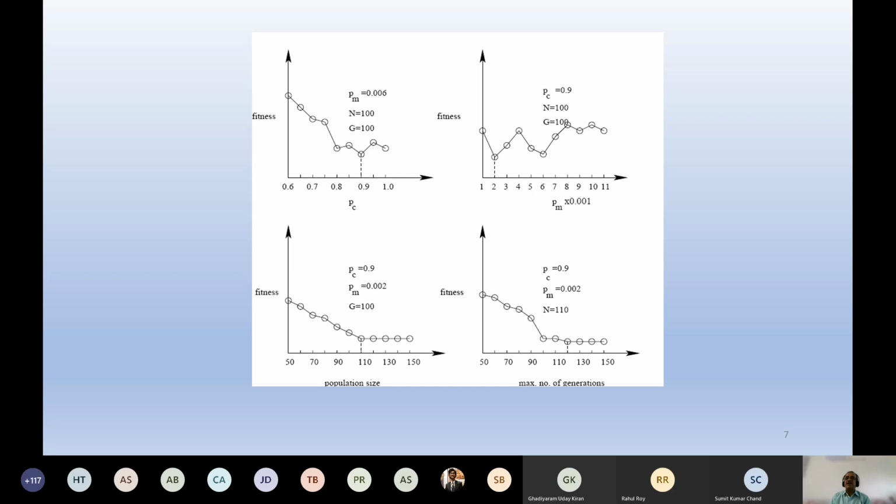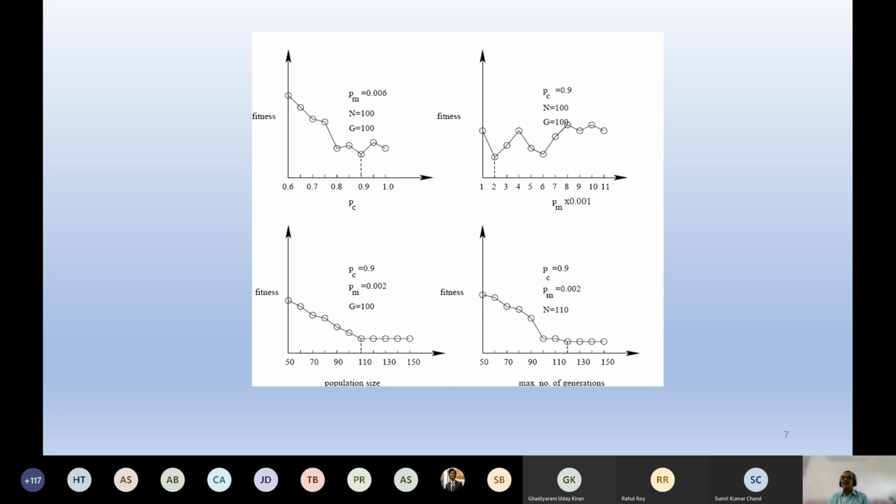Okay, if there is no diversification, there will be local minima, there could be premature convergence. I will be declaring I am the best in the field, but truly speaking, I am not the best. Are you getting my point? That type of problem will come. Okay, so this probability of crossover has to be a very high value, very near to 1. And it cannot be a low value because if I select PC equals 0.1, I am allowing only 10% of the parents to participate in crossover. That is not true.